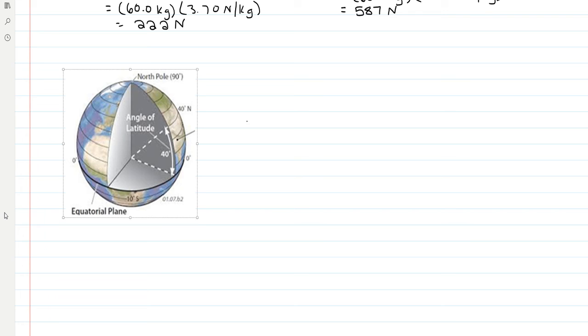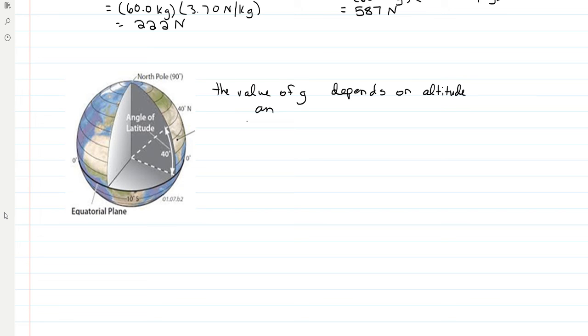It depends on altitude. So how do I want to say this? The value of G depends on altitude and latitude.